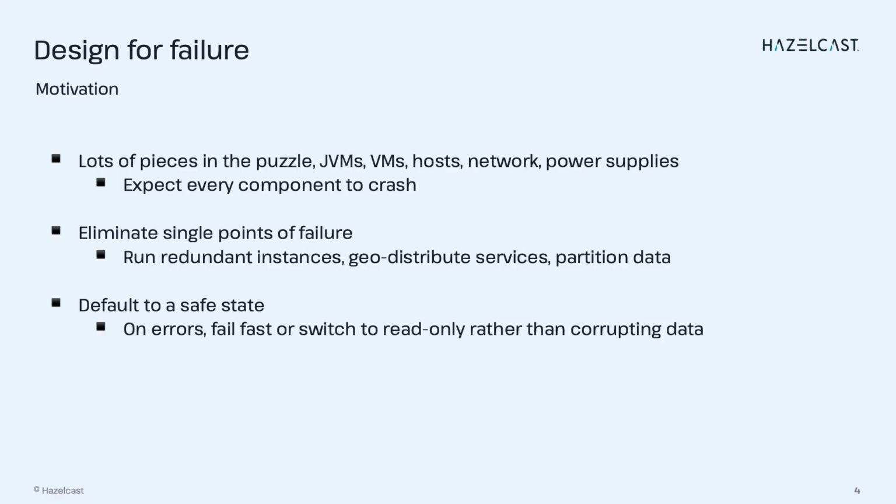That can cause issues. Host issues: you lose a node, lose a VM, lose a pod. Network, power supply issues. All those things can cause your components to crash. And how does your system heal or react to that, or is it still available or not?